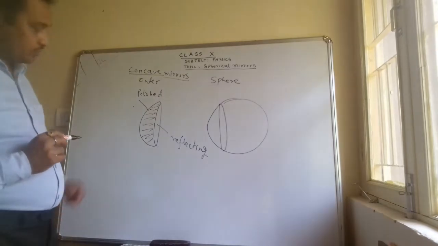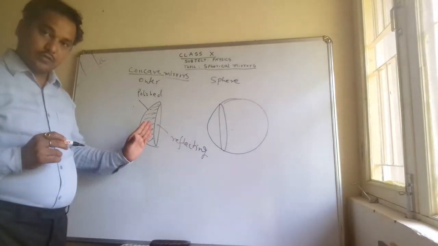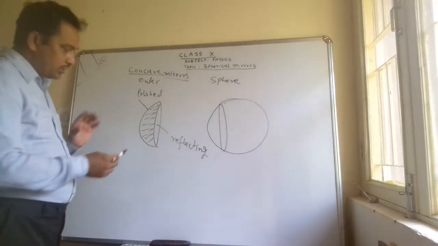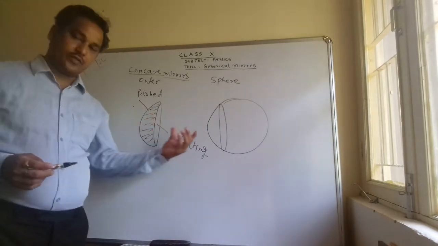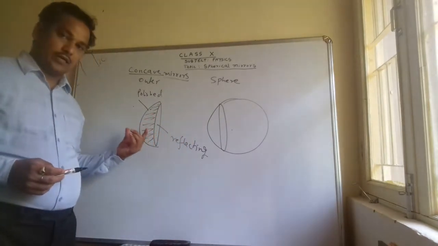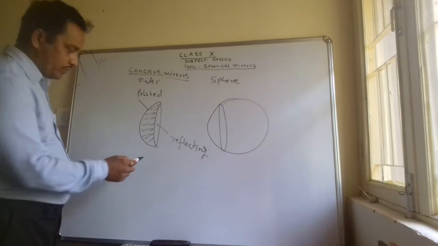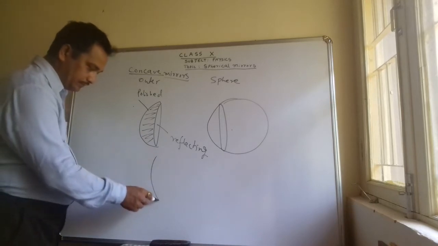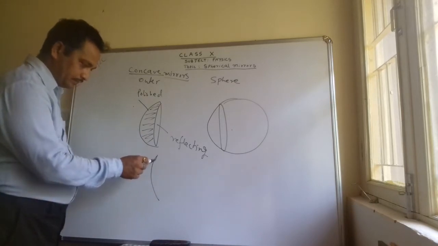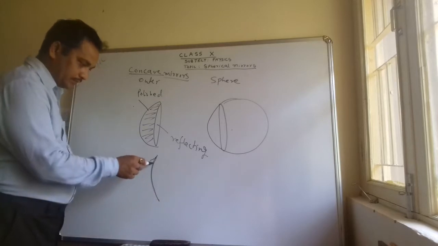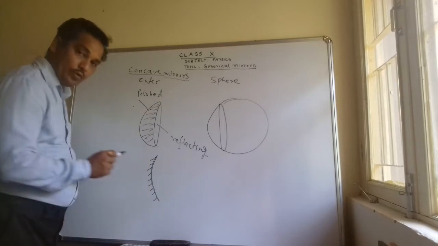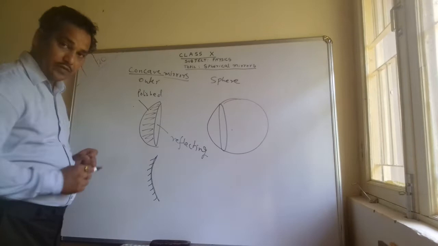So the inner part is reflecting and the outer is polished. Here this is the part of a sphere, and when you draw in the copy, you have to draw like this. This outer side is polished and the inner part is reflecting.